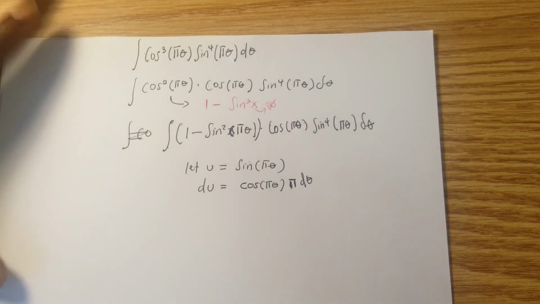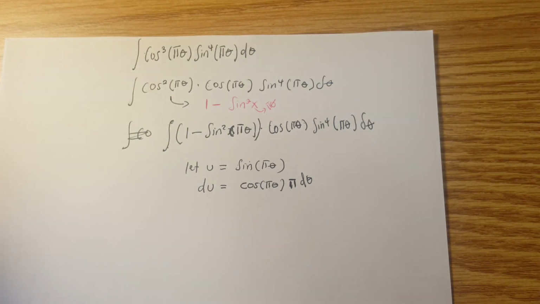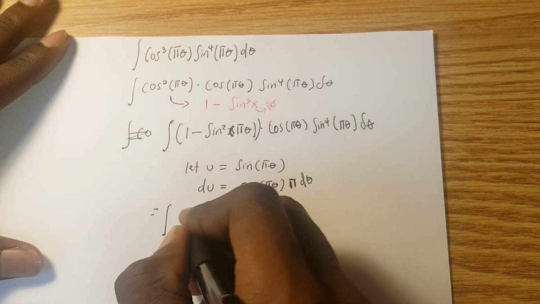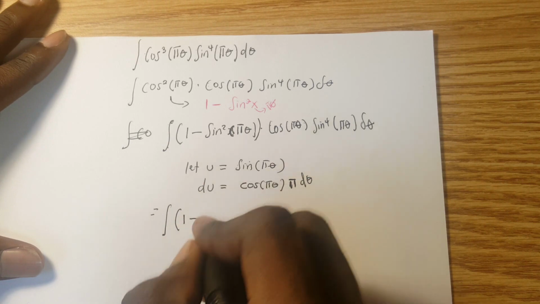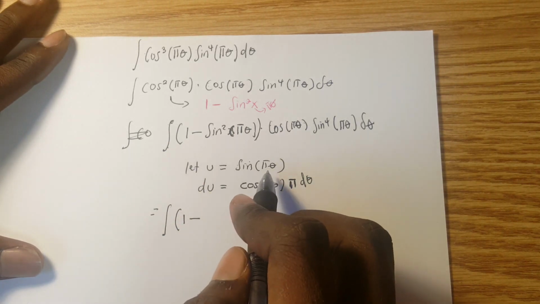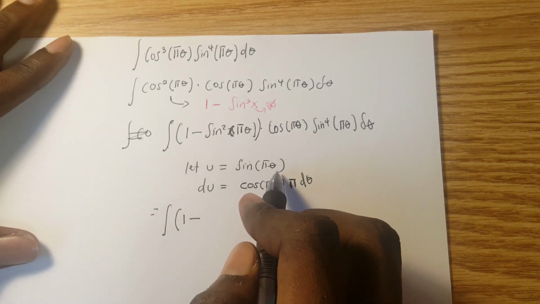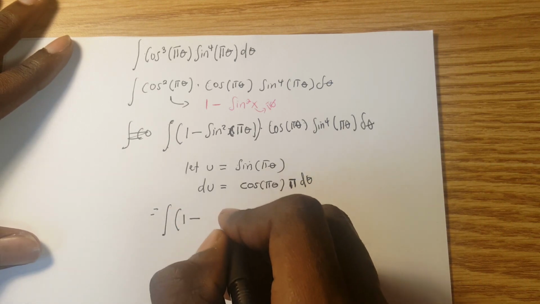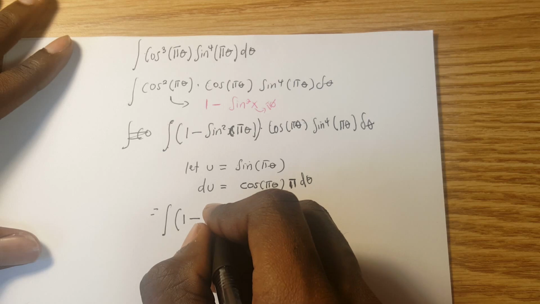So we put our stuff back together. We will use u in place of sine theta pi. So here we have u squared.